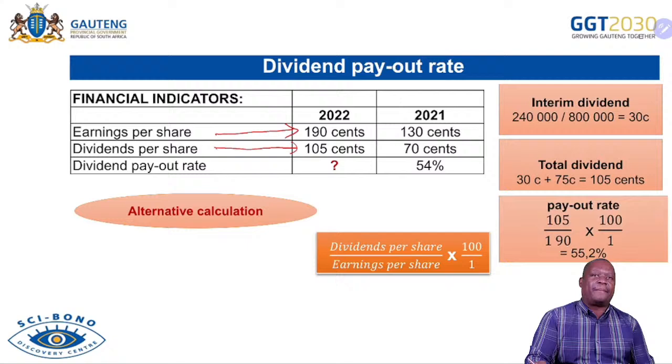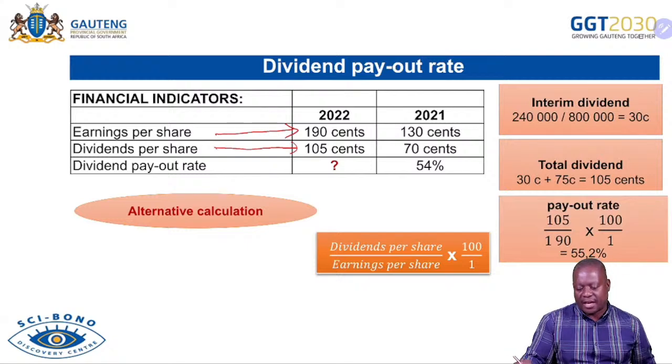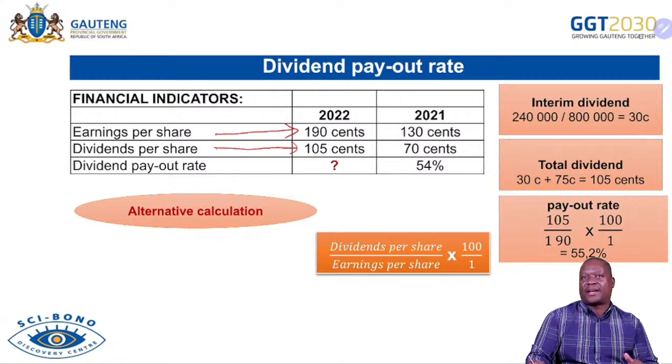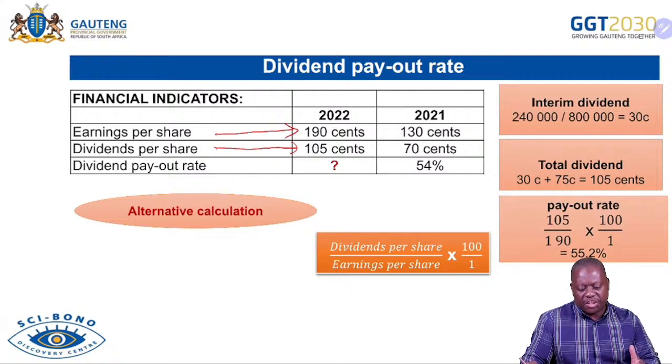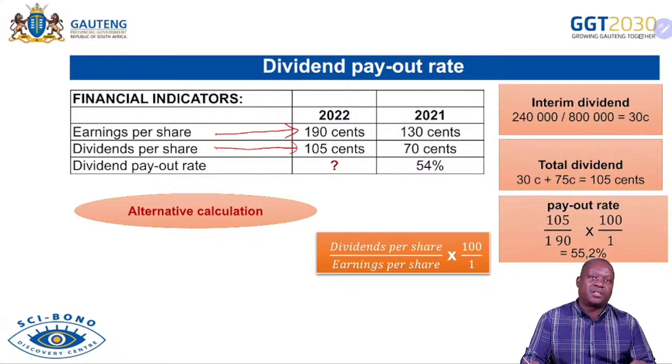And when you multiply by 100, my calculator is giving me another 55.2%. You can see the margin of error is very little, very limited. That is the calculations on the dividend payout rate.